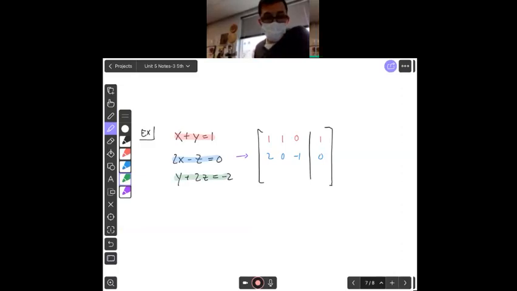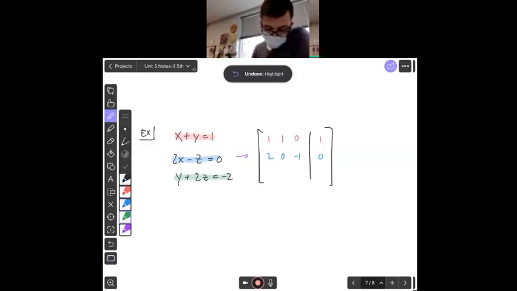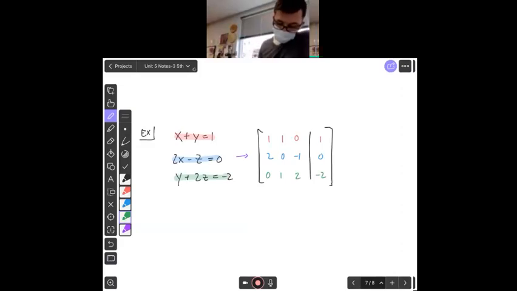What about this one, Ruth? 0, 1, 2, -2, yep. I always think it'd be a really good idea for you guys to hold this, either writing it out or looking back at this little map.